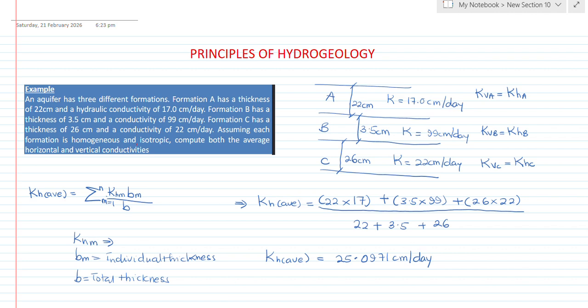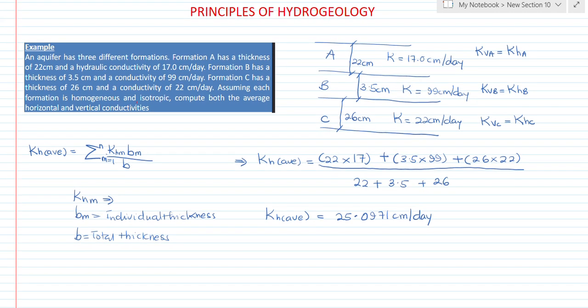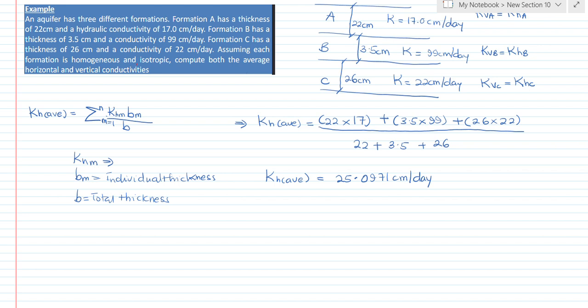Now let's look at the second part, B, where they are asking us to find the vertical.